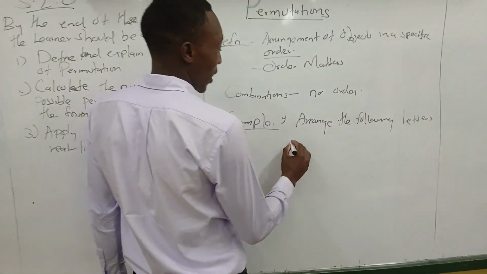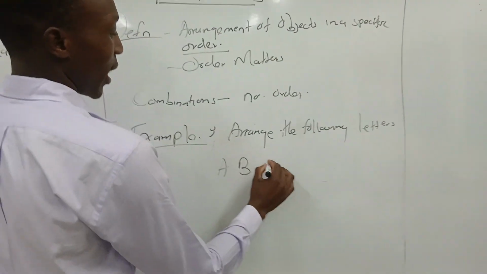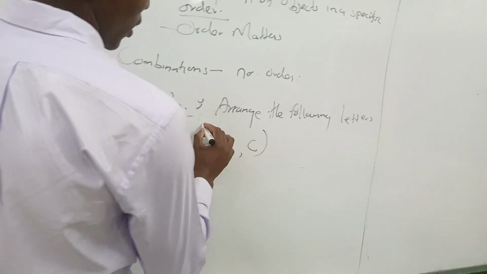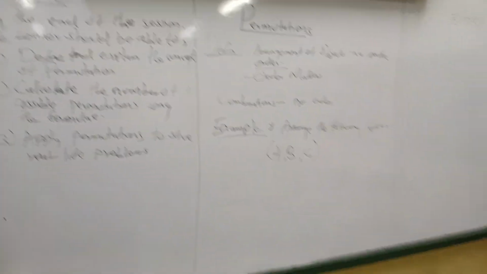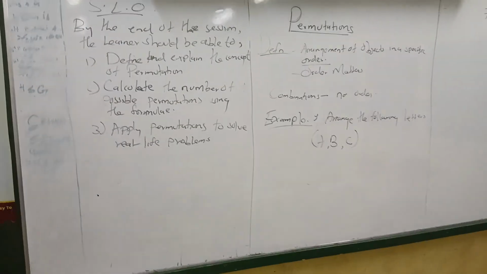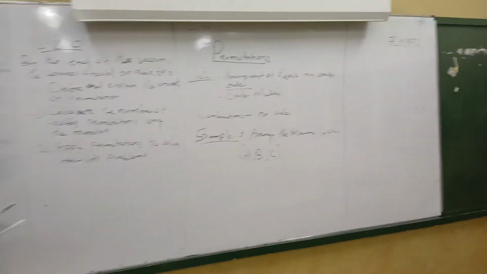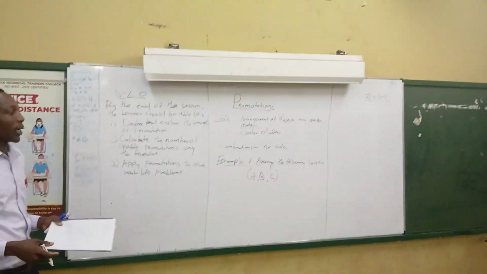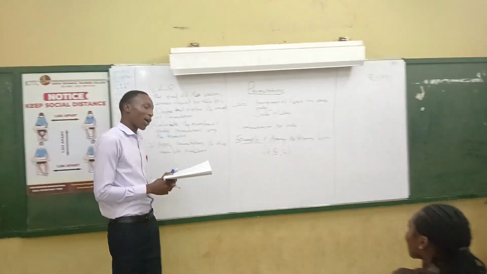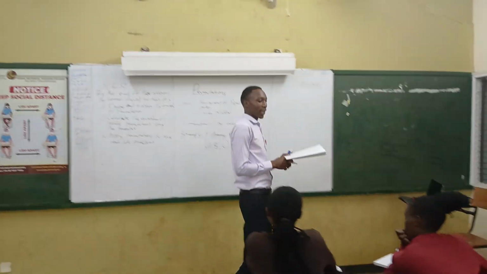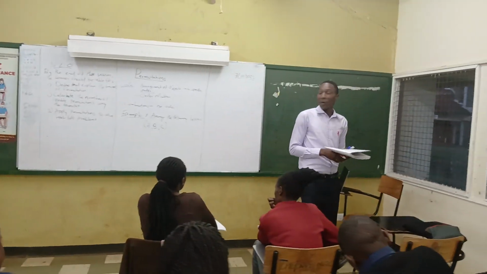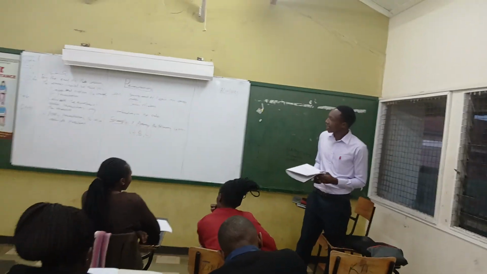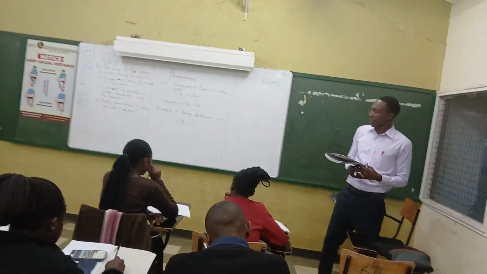The letters are A, B, and C. I want us to arrange these letters without repetition in order using the concept of permutation. How many ways are we going to arrange these letters?